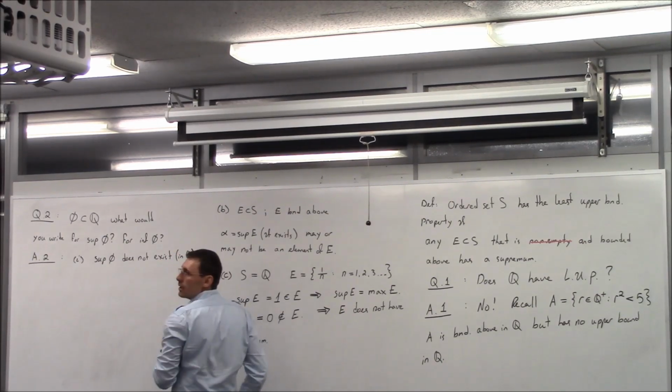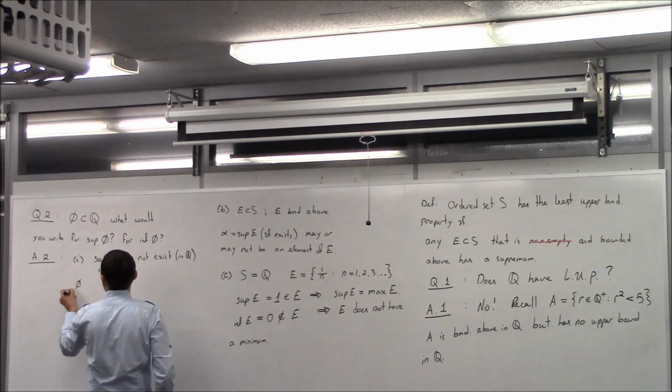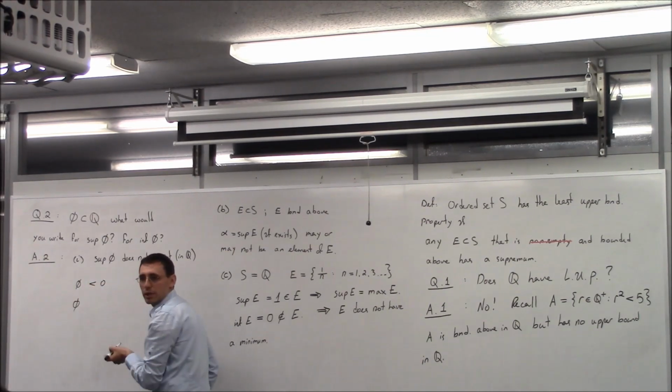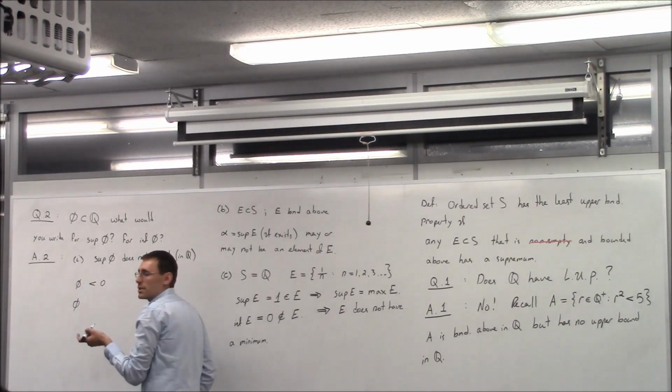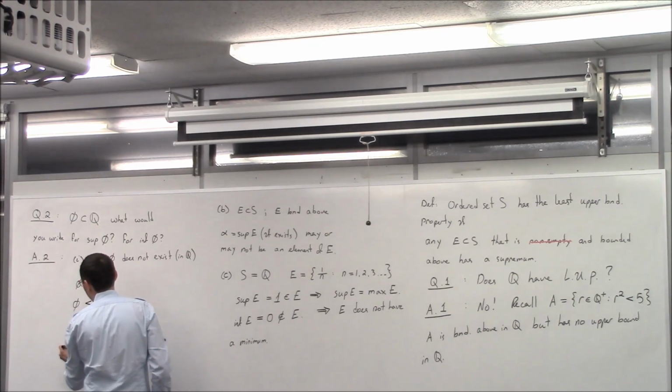Because I can say that the empty set is smaller than, let's say, 0. And you know I'm abusing notation. What I mean by that is anything in the empty set is not going to challenge 0. Anything in the empty set is not going to challenge -1.